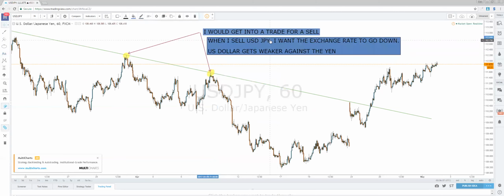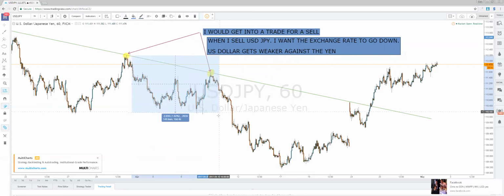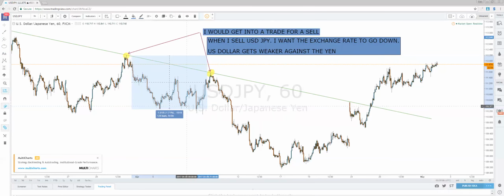How much could you have made if you had taken these trades? Let's do some math again. Let's say you got in right at that trend line and you rolled this all the way down here. That's 191 pips, that's $191, or 1,900 US dollars, all for just catching this swing.